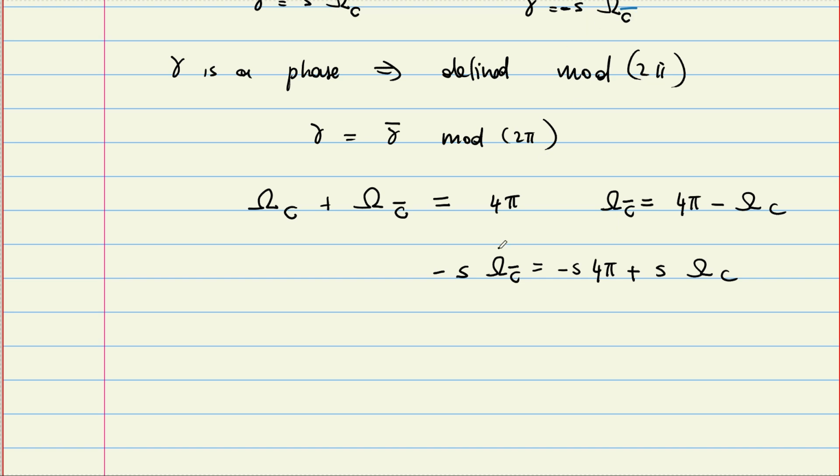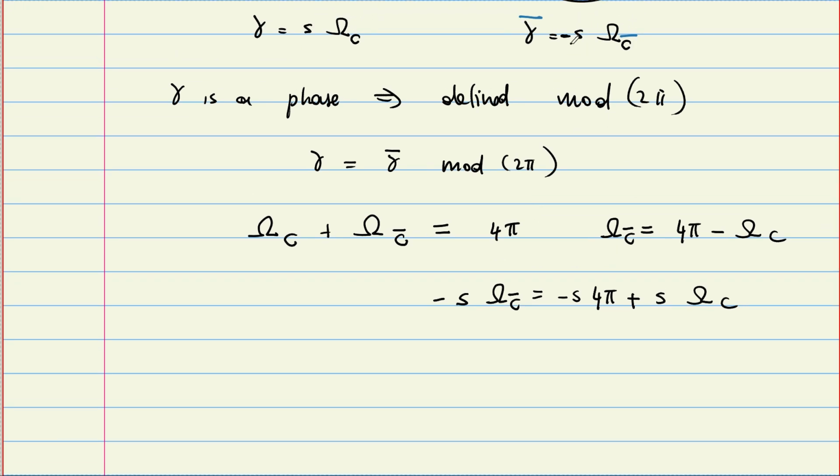So this minus s times gamma c is my gamma bar, which is equal to minus s times 4 pi, so this one is my gamma.